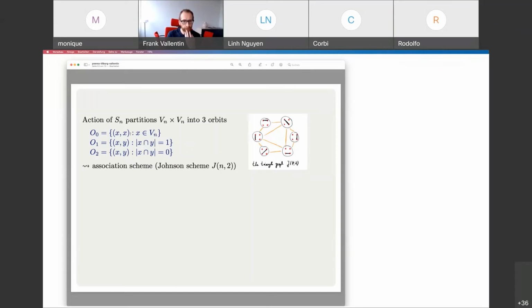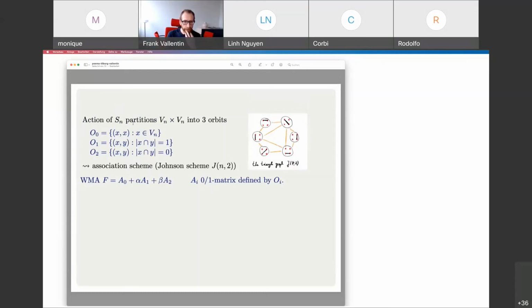If you know association schemes a bit, then this smells like one, and in fact it is the Johnson scheme J(n,2). Here is the graph which corresponds to the orbit O_1, what's called the triangle graph J(4,2).